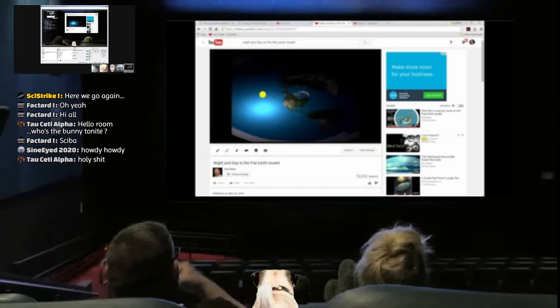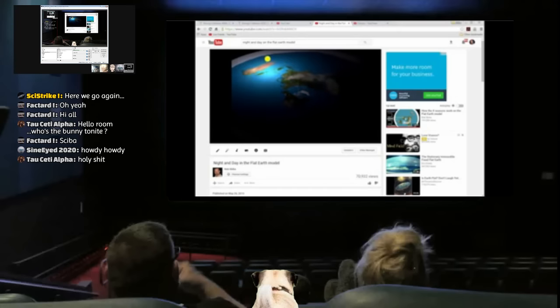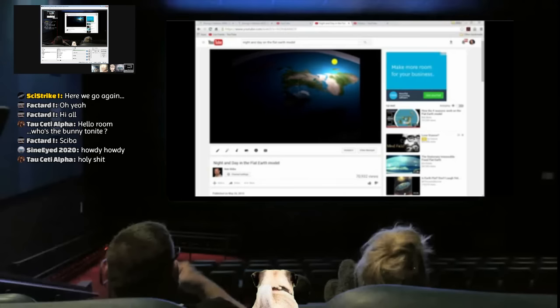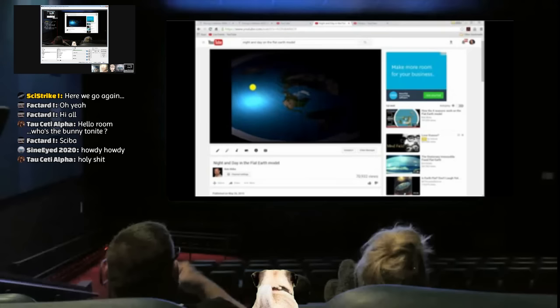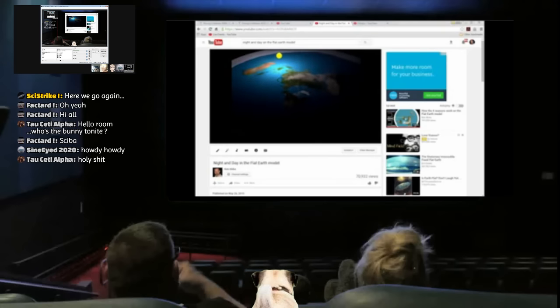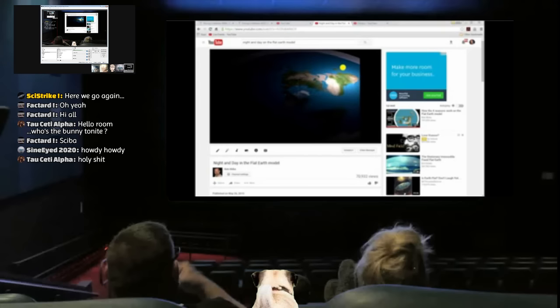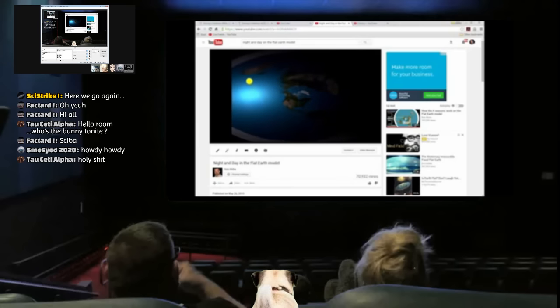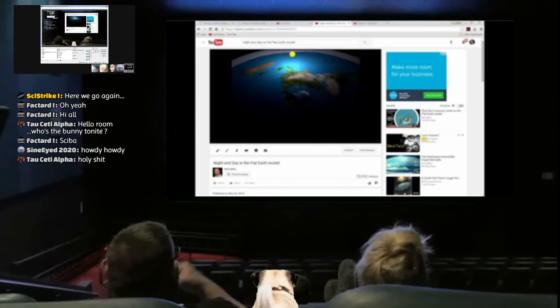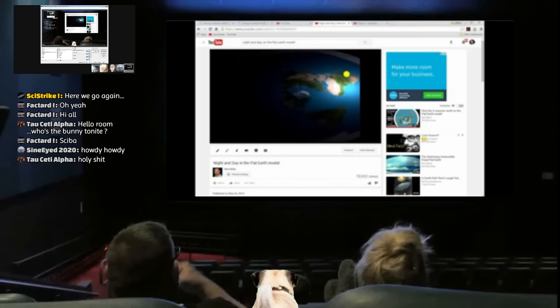So I created a little animation in Poser, with a point light with a limited throw ratio, so the light is limited as far as how far it'll go, and just animated it in a circle over the circular flat Earth map. Now, let me just say, neither one of these is to scale. I was just going for the concept here.